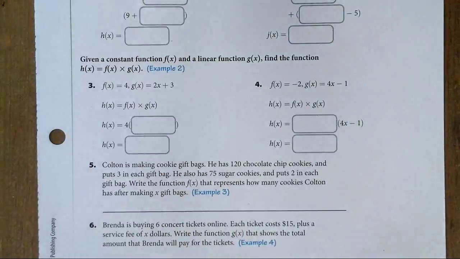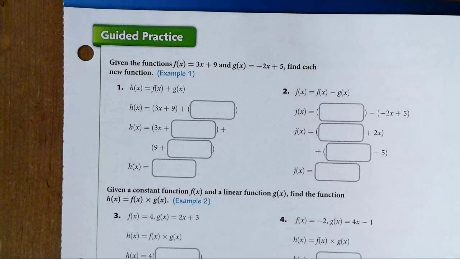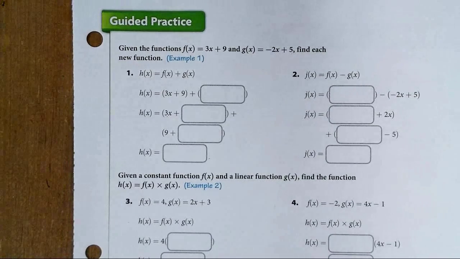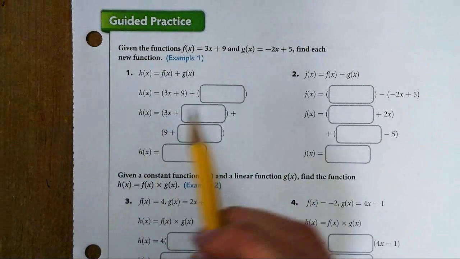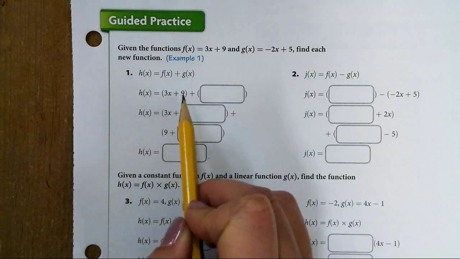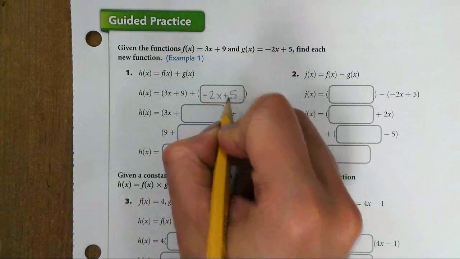Now that we have completed all of that, you guys will be doing the guided practice. I will fill in a couple of these blanks for you, just so that you can have a better understanding of what you're doing here, and then you will do the rest on your own. I'm going to do number 1 for you. Here you're adding f of x plus g of x. They already have your f of x, so this is going to be your g of x.